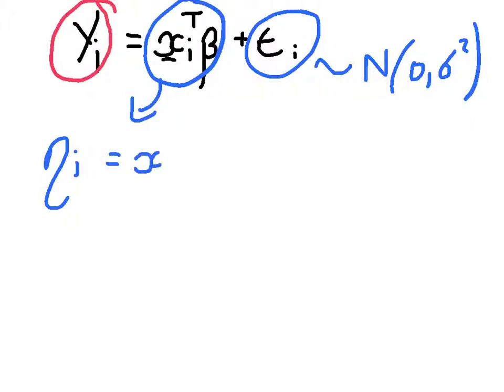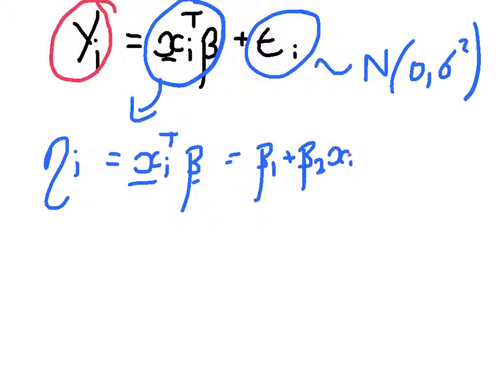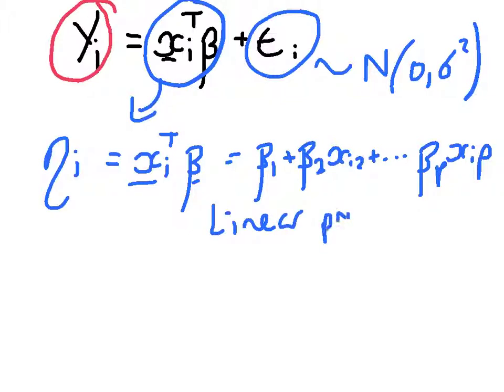So eta is equal to x beta, or if you prefer the notation, beta 1 plus beta 2 x i2 plus all the others until we have beta p x ip. We can call this the linear predictor. We can call it the deterministic part of the model.